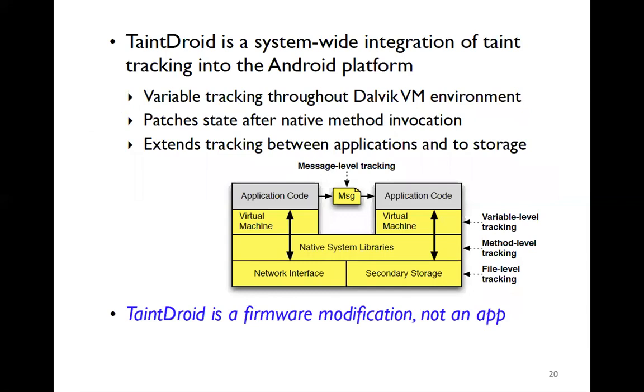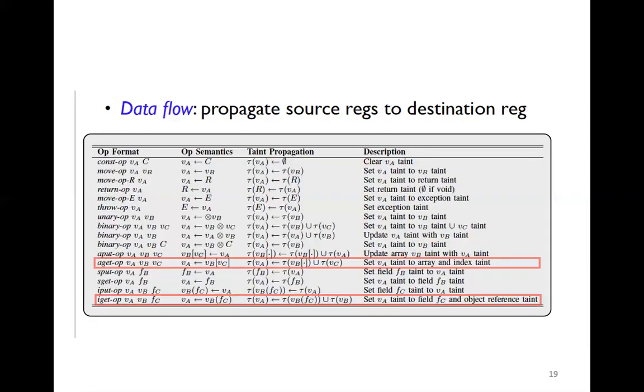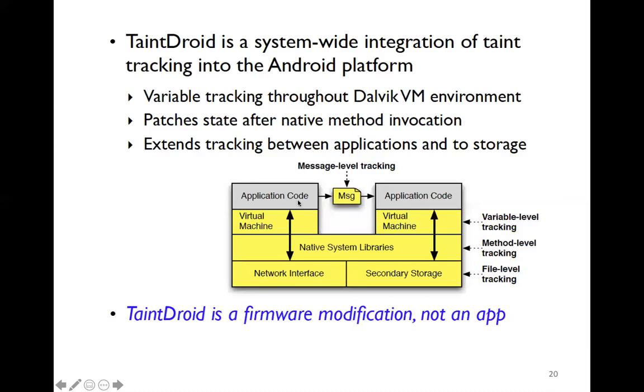All right, so TaintDroid is implemented as a system-wide taint tracker. If you have an application that's running inside the Dalvik virtual machine, then you track it using these particular instructions, which track taint at the application level. All of those taint operations happen within this virtual machine.